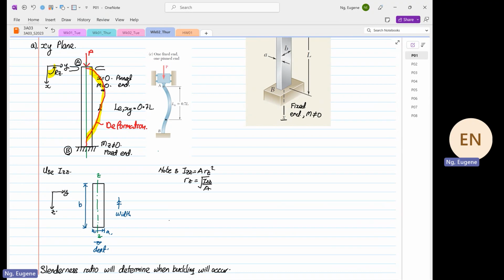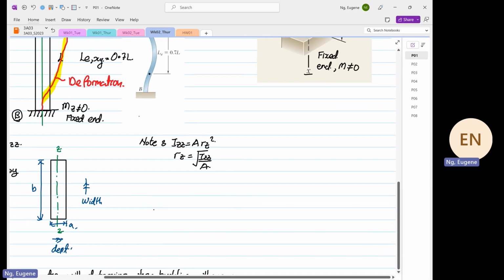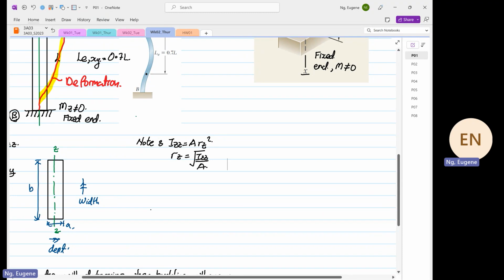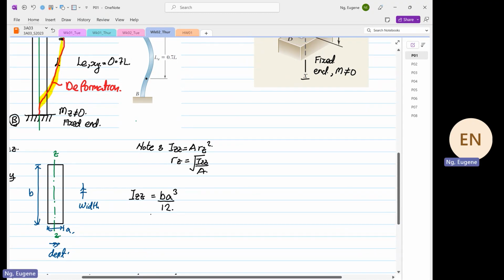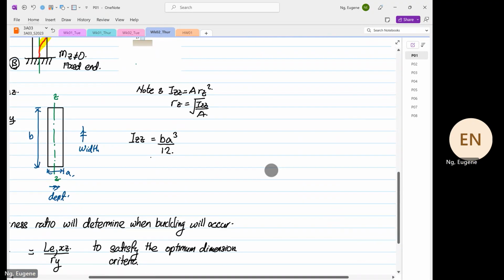equal to 0.7 L. So then another thing that changes over here is if we were to determine IZZ, IZZ is equal to B A cubed over 12. Right.